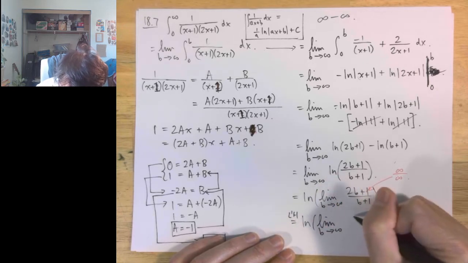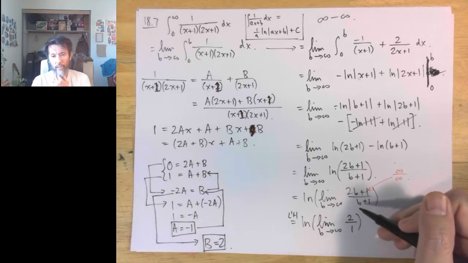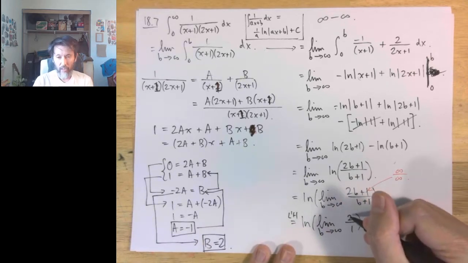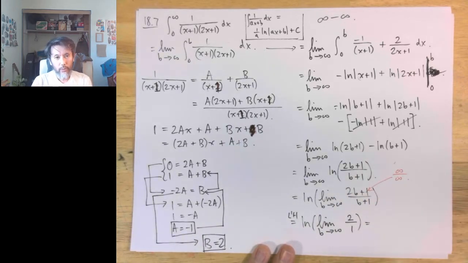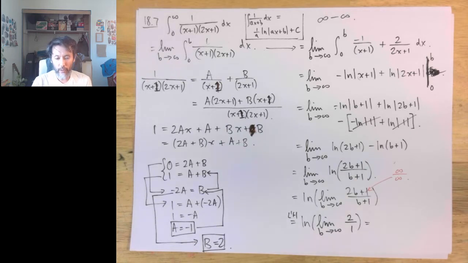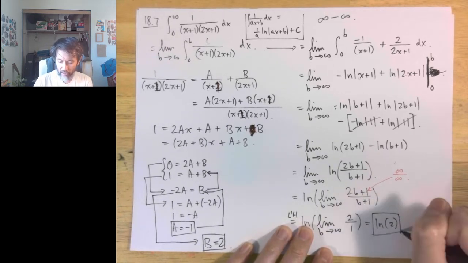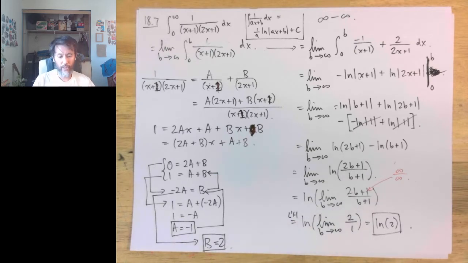So we have upstairs a 2 and downstairs a 1. I'm taking the derivative with respect to b, but of course that's just 2, whatever b is doing. 2 over 1 is always 2, and so what we end up with is the natural log of 2, and that is the answer to this integral here.